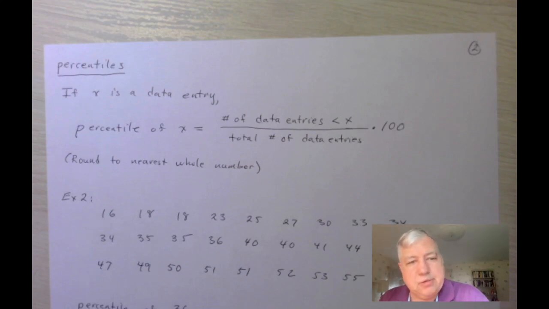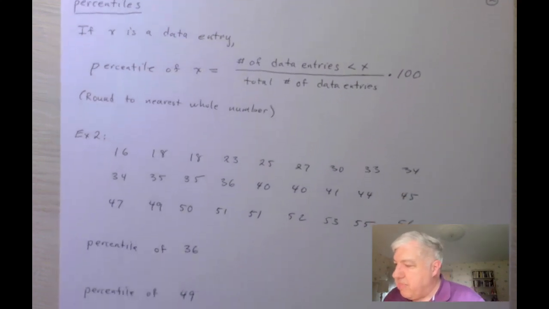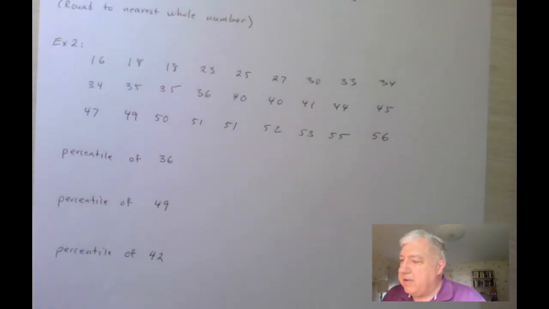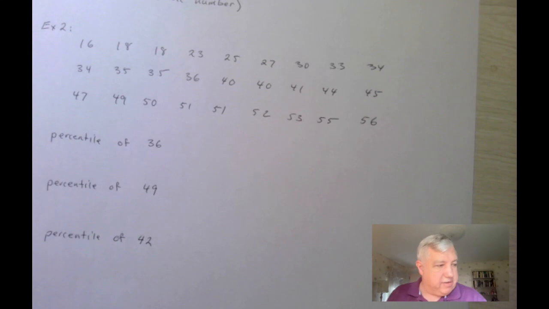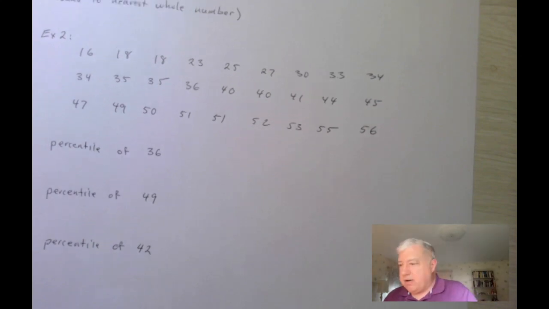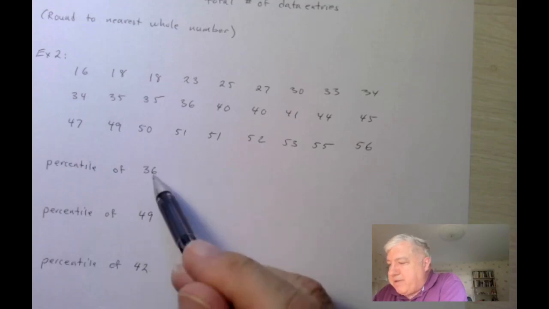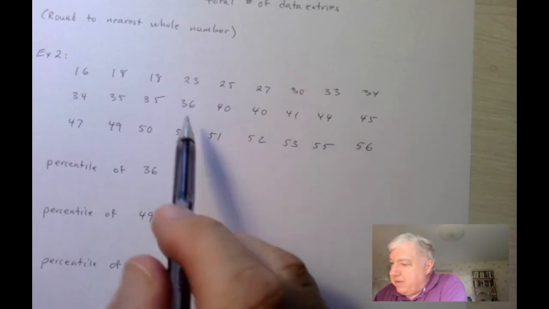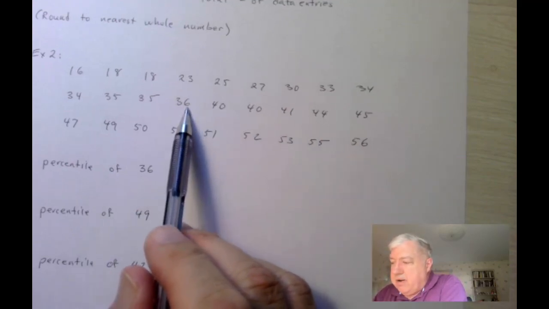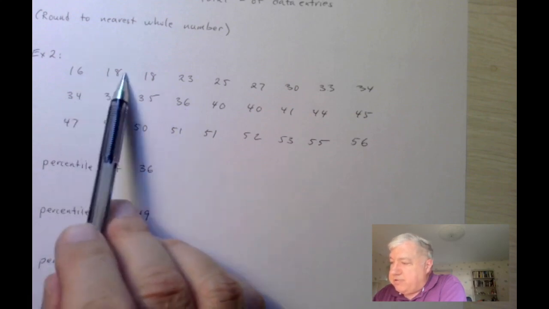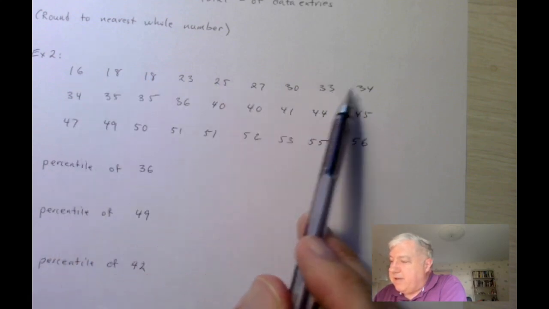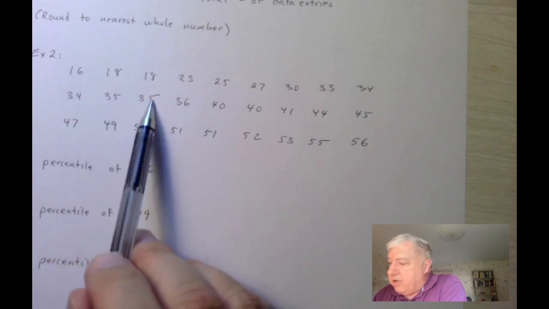Okay, so with that in mind, here's a data set, and if we just wanted to find these percentiles, the percentile of 36, and by the way, it really doesn't matter if these numbers are in the data set or not. For 36, how many are less than 36? We have 1, 2, 3, 4, 5, 6, 7, 8, 9, 10, 11, 12, right?